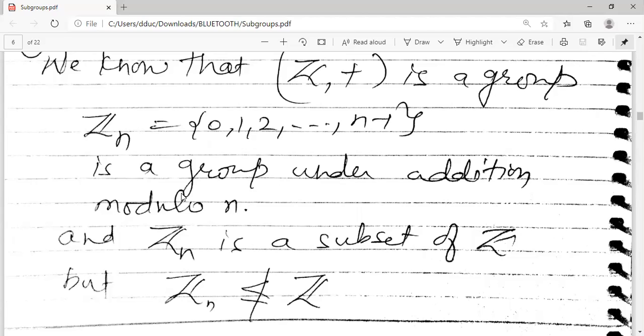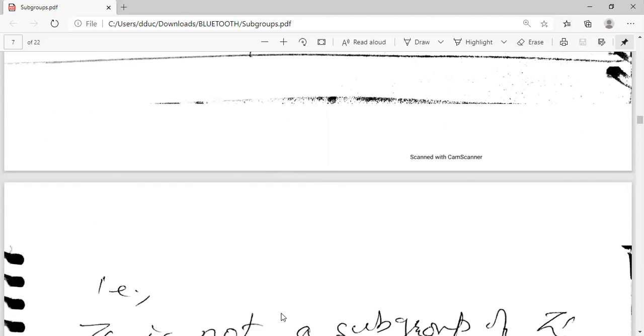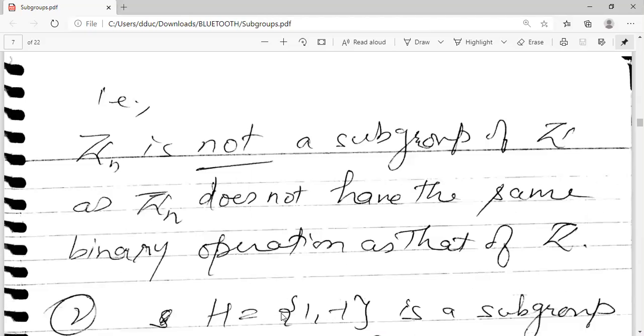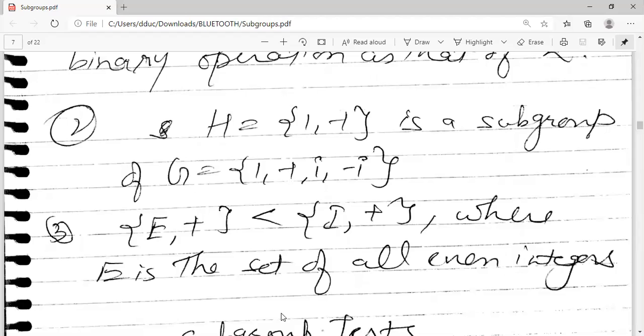So Zn is a subset of Z, but it is not a subgroup of Z. So we have written this: Zn is not a subgroup of Z, with this notation. So the operation should be the same. Zn is not a subgroup of Z, as Zn does not have the same binary operation as that of Z. So this you have to check, that the operation should be the same.